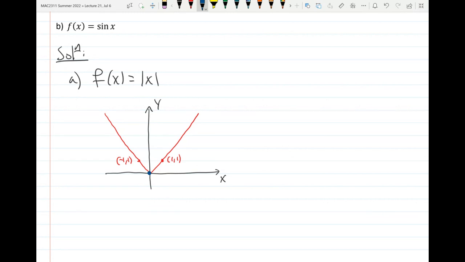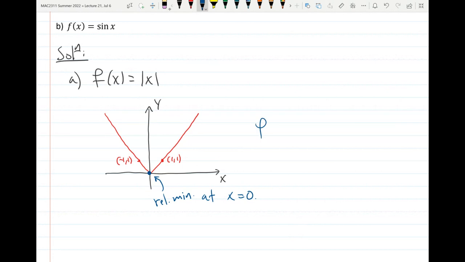A relative minimum could be an absolute minimum. In other words, any absolute minimum qualifies as a relative minimum as well. So this right here is a relative minimum, and there is no relative maximum. So we have a relative minimum at x equals 0.